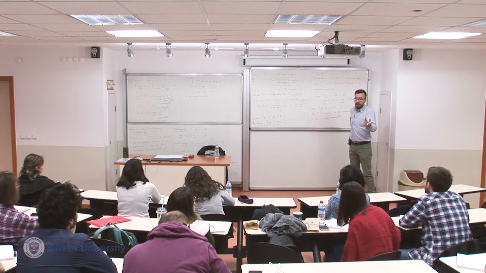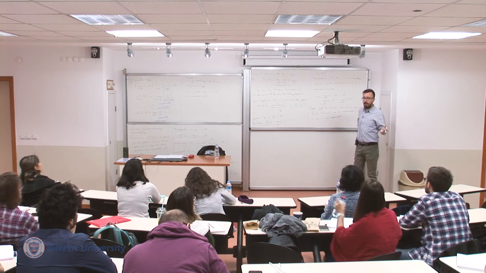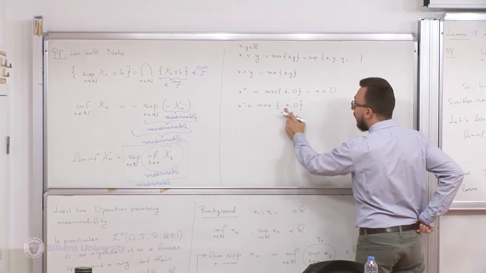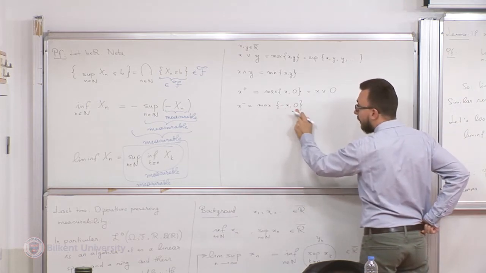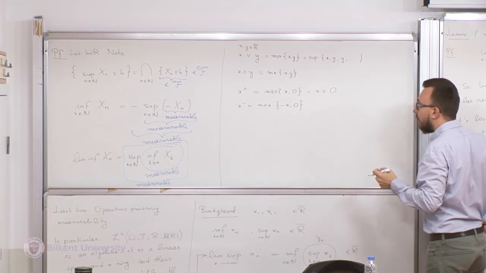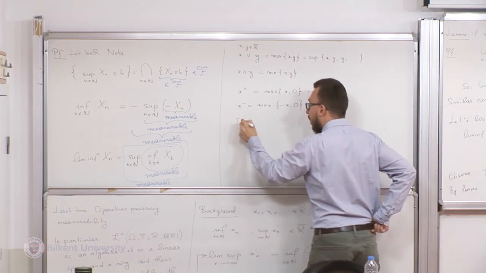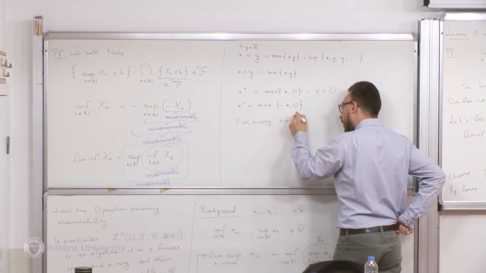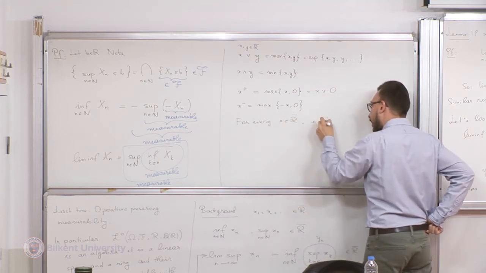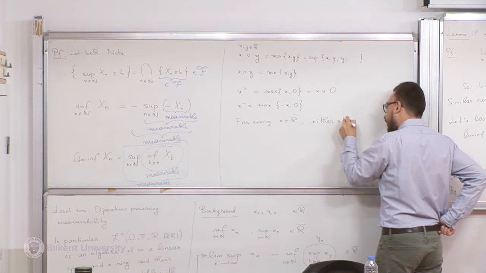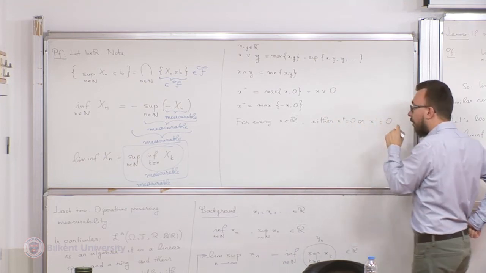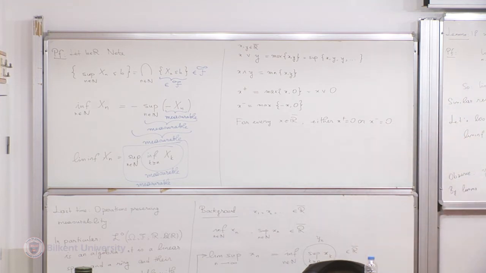And the negative part of a positive number is just 0. Because if you look at the negative part of 5, for instance, minus 5 versus 0, 0 is bigger, you will get 0. So for every x, either x plus is 0 or x minus is 0, or both. If the number is just 0, it's both.